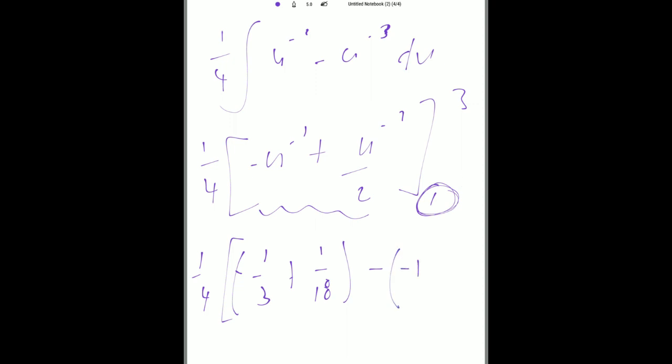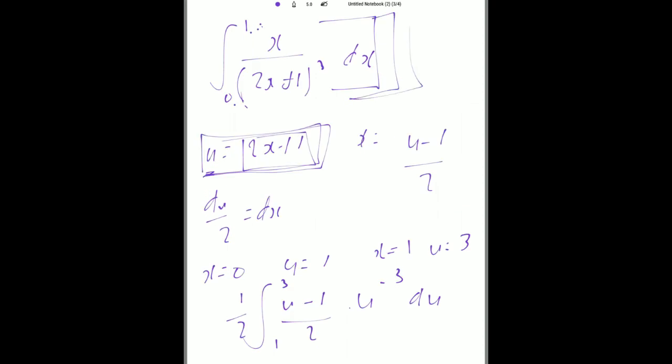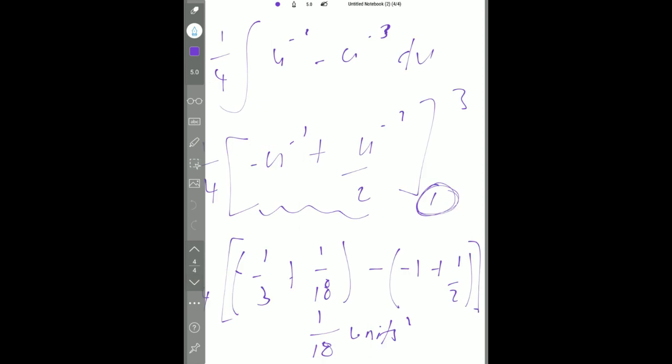That would be negative 1 plus 1 over 2. And what does that leave us with? That leaves us with 1 over 18 units squared. In other words, the area under this curve from 0 to 1 is 1 over 18 units squared. And we were able to solve that by substitution.